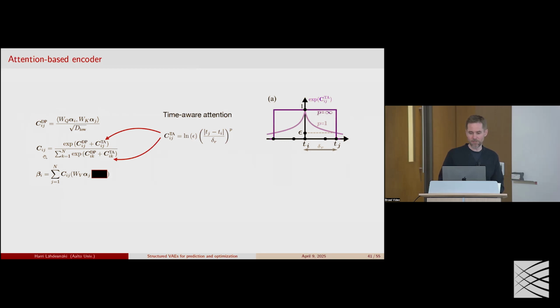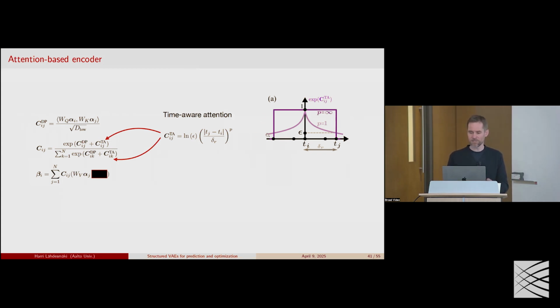We have been proposing a time-aware attention, such that we are only looking at a reasonable window around the current time point that we are modeling, using a time-aware attention mechanism defined by this formula, which is illustrated here.